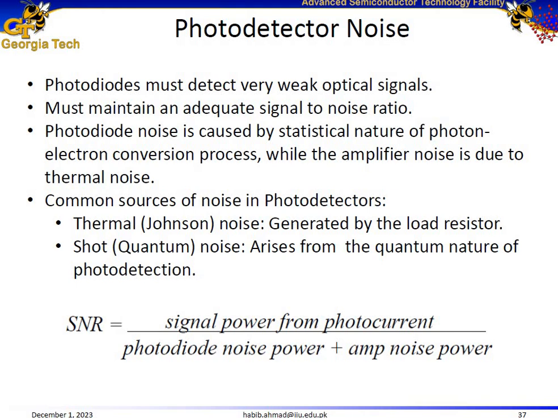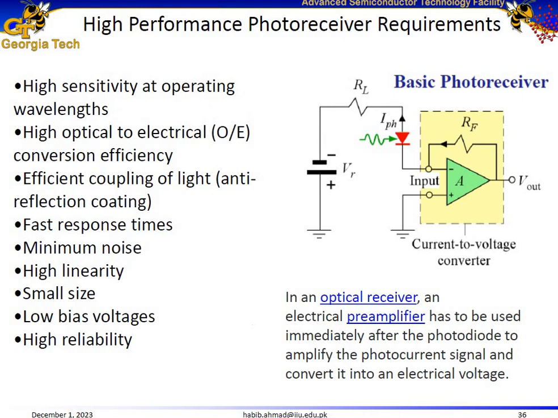Photodetector's noise. As already mentioned, a photodetector should be able to detect low input optical power levels, and it can do so if the noise in the photodetector is low. So it is crucial to keep the noise in the photodetectors low. The noise can come from three sources. It can come from the dark current, which has a statistical nature.